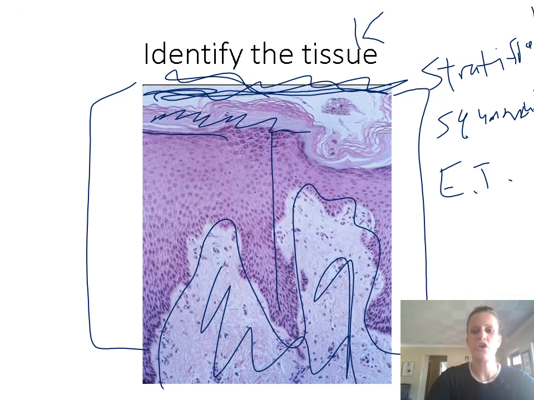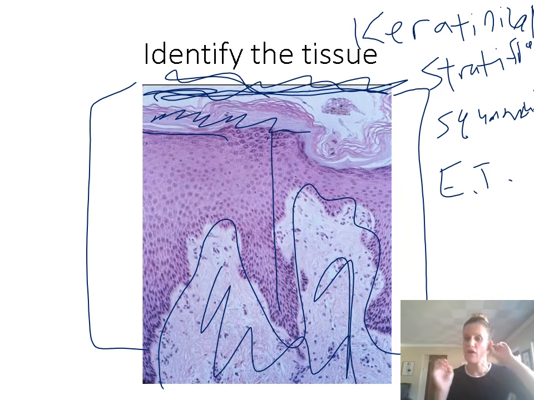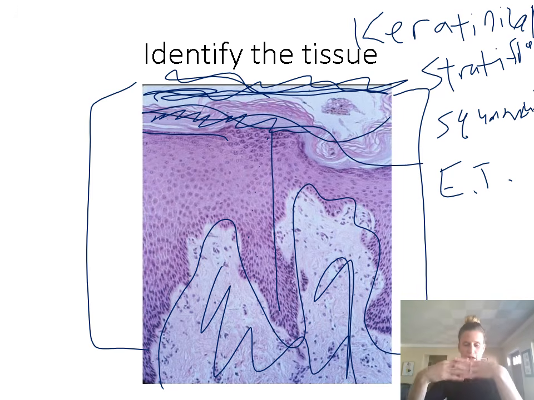This is keratinized. This is keratinized stratified squamous epithelial tissue. If I asked you, where do we have this? This is in the epidermis of our skin, the outer layer of our skin. And all of this on the top is just keratin fibers to help the skin stay strong.